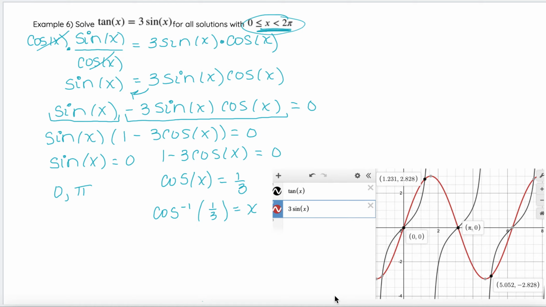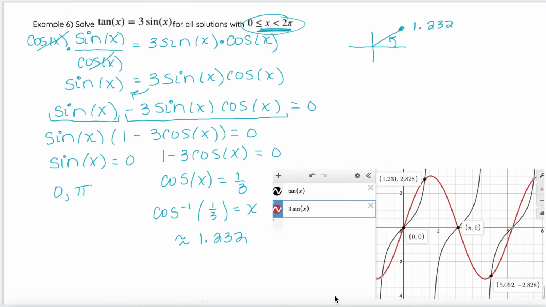When I put this into our calculator, we'll have 1.232 radians. But we do know that there's also going to be a second solution because cosine is also positive in the fourth quadrant. So right now we have 1.232 radians from here to here.